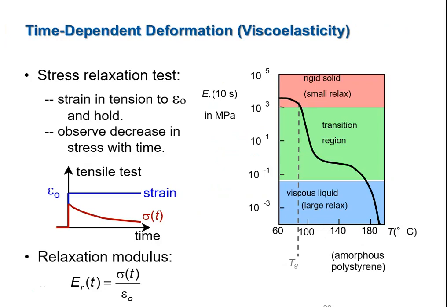So we can look a little bit harder at our time-dependent deformation for viscoelastic materials, and we can think in terms of what's called a stress relaxation test. So instead of applying a set load and looking at how a material deforms with time, we can yank the material, pin it in place, or compress the material and hold it in place, and therefore define the strain.